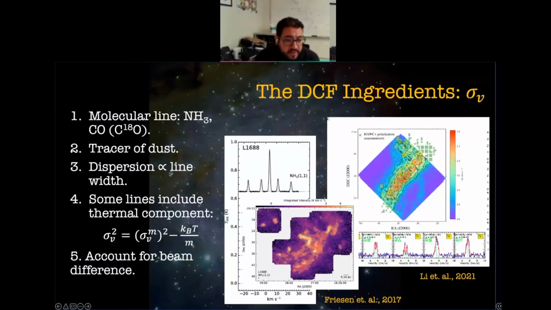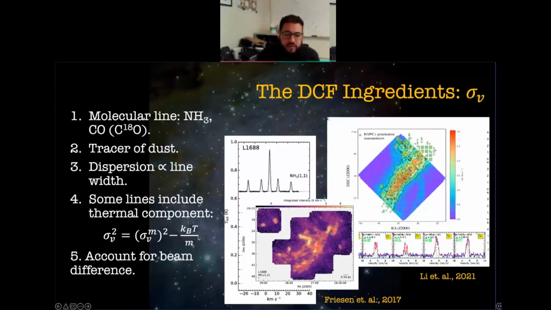In some cases, in particular carbon lines, you need to take into account that they might also include a component that comes from the thermal motion of the gas, and you can correct it by knowing, or assuming, a certain temperature for the cloud, and using the mass of the particular species that you have.